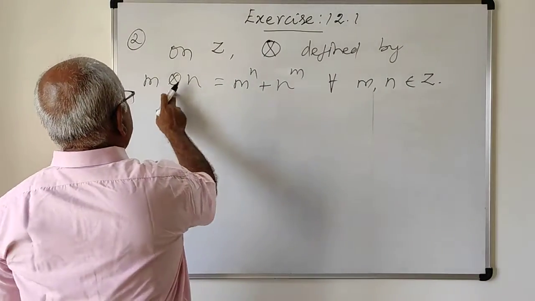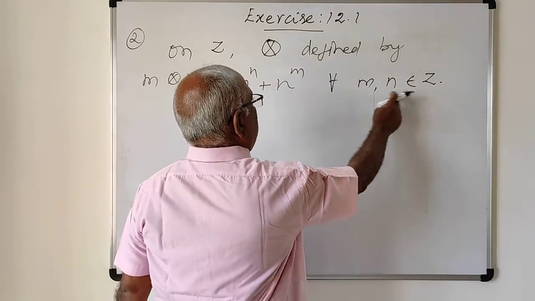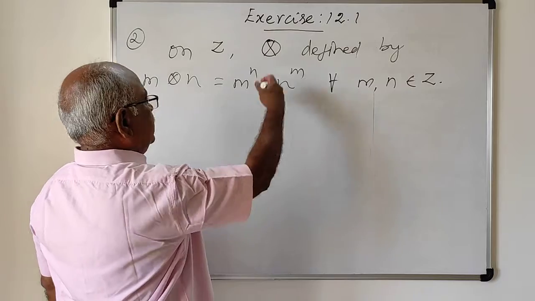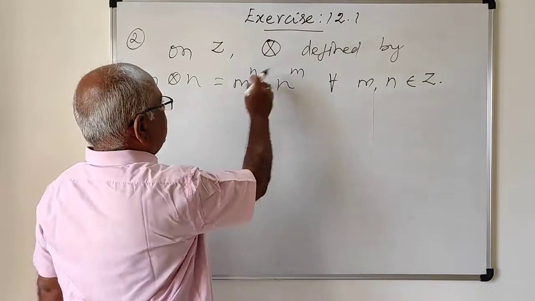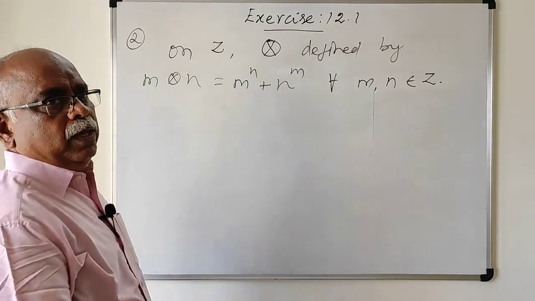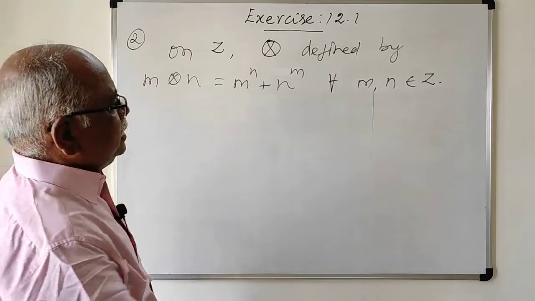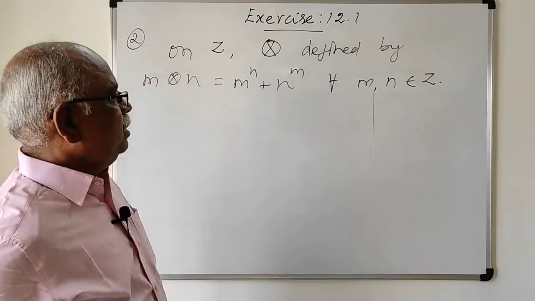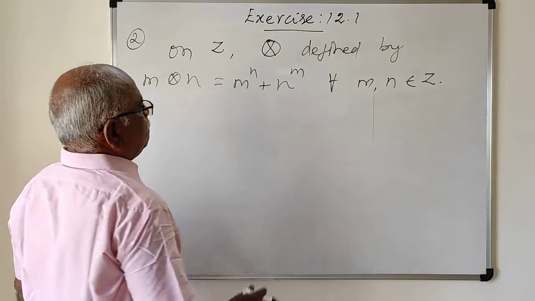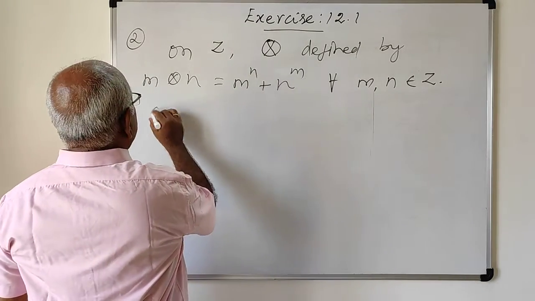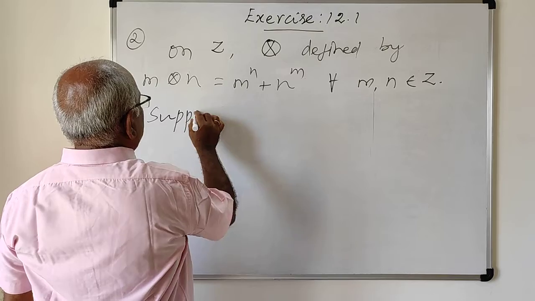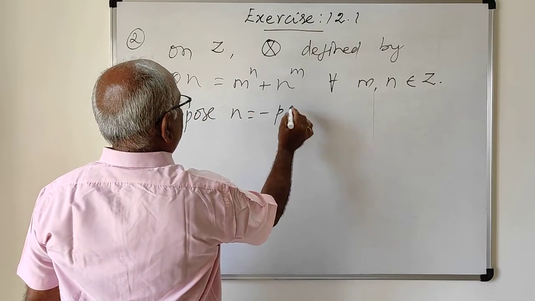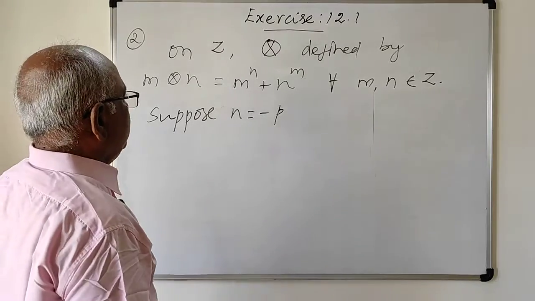The definition of circle cross is this: for every m, n belonging to Z, m circle cross n is m power n plus n power m. Since it is a set of integers, negative integers are also there. For example, suppose n equal to a negative integer, minus p.